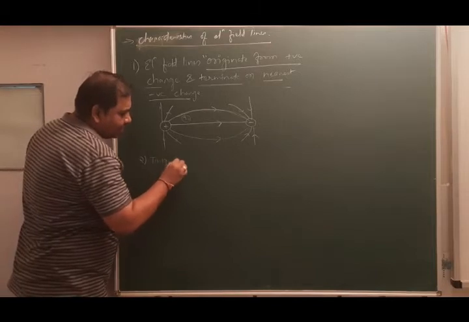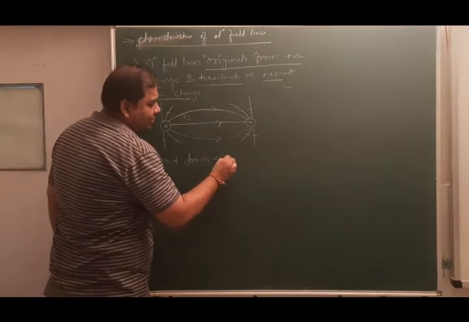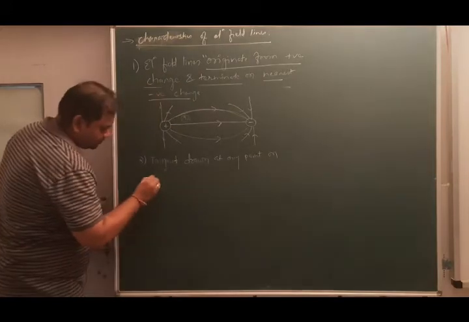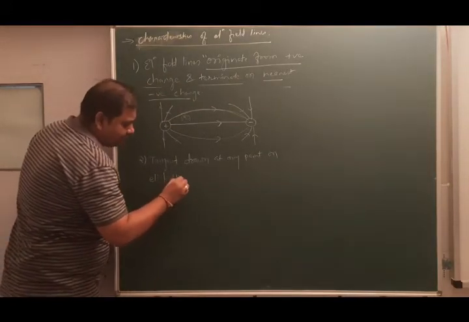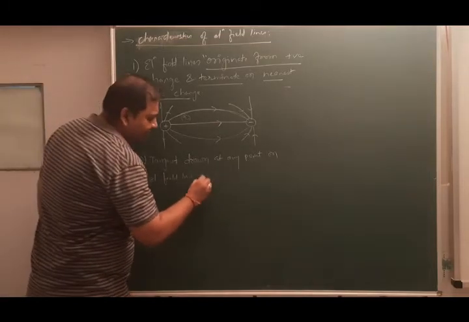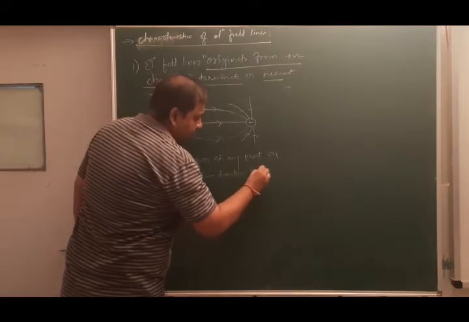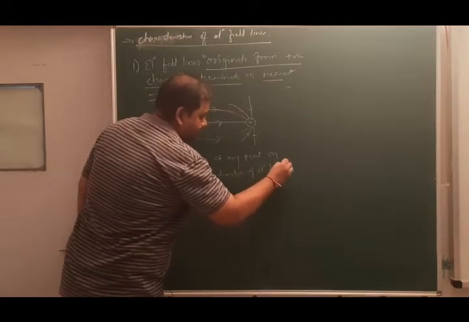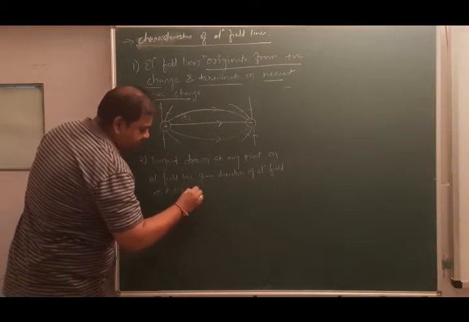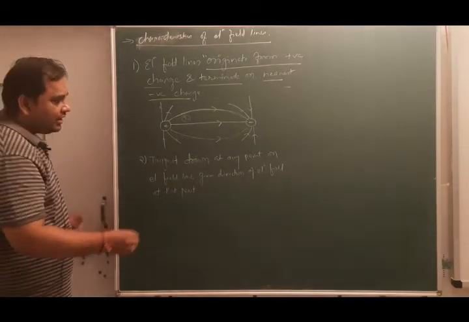It says that a tangent drawn at any point on an electric field line gives the direction of electric field at that point.